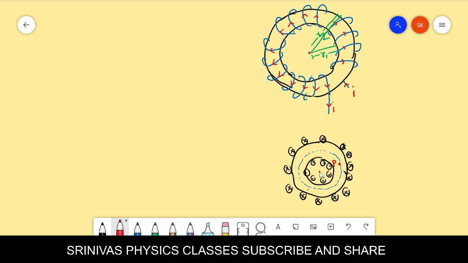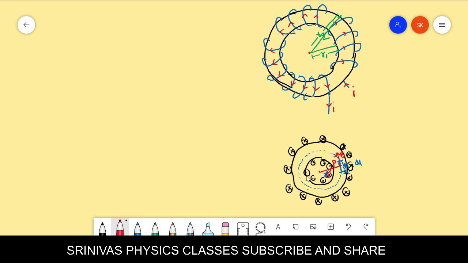By taking that point distance as radius, you form a circle, that is a closed loop. On that circle you take a small element, that small element's length is dl, and the magnetic field at this point is along the tangent, so B and dl will be parallel.